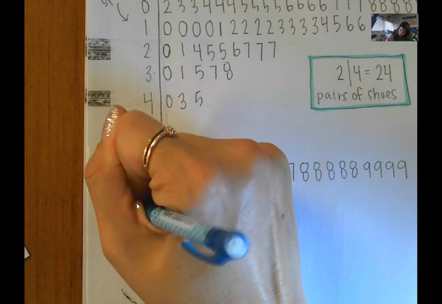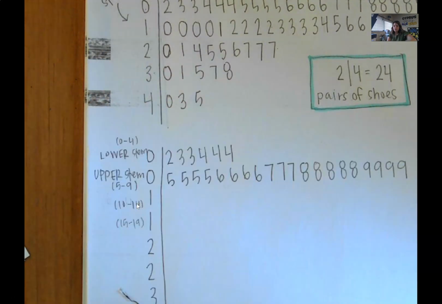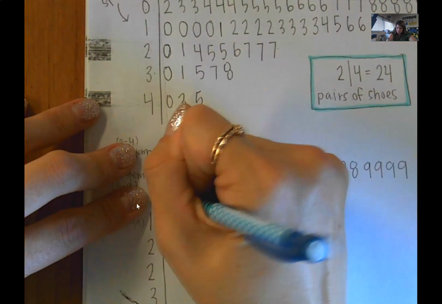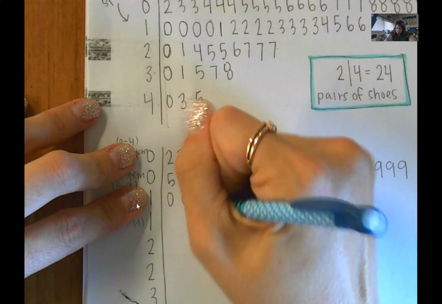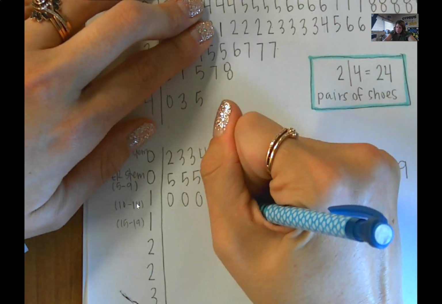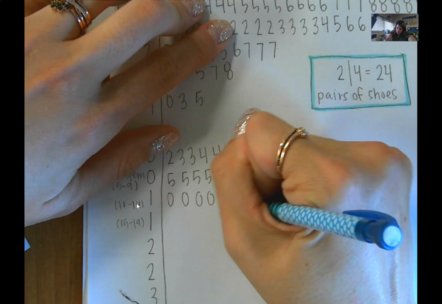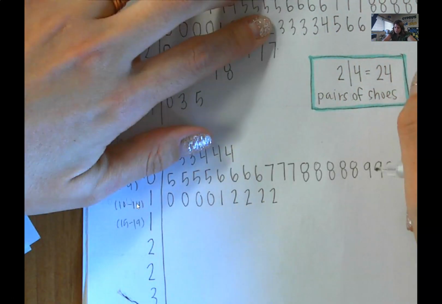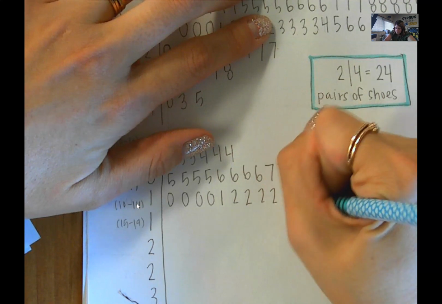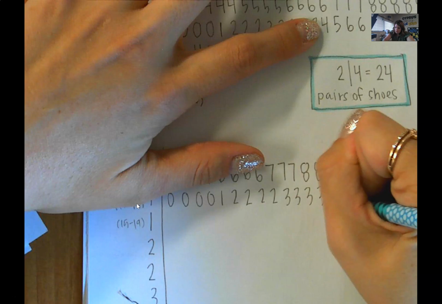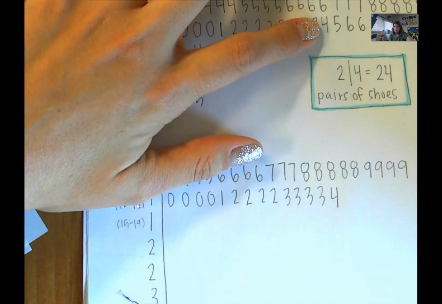So 10 through 14. Okay, so on the lower stem, we're putting 0, 0, 0, 0, 1, 4 2s, 4 3s, 1 4, and that's it.